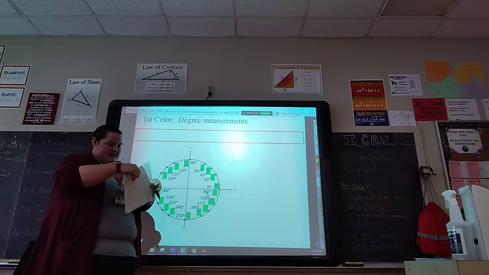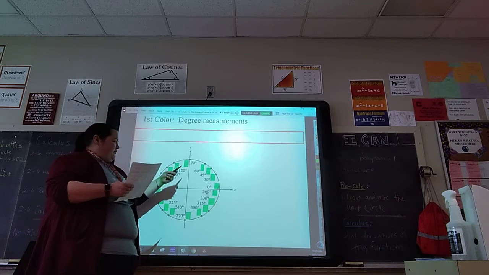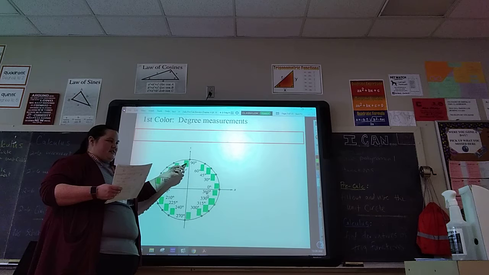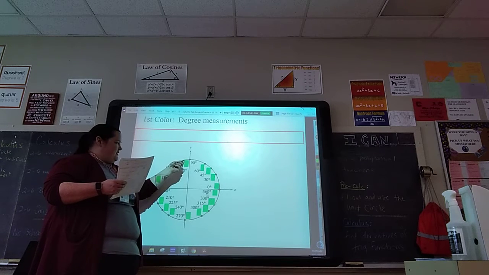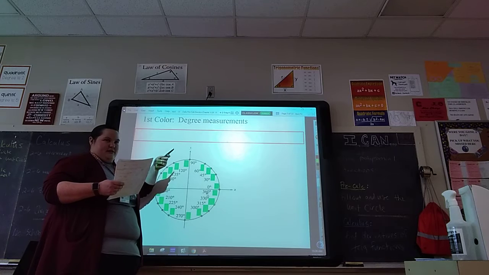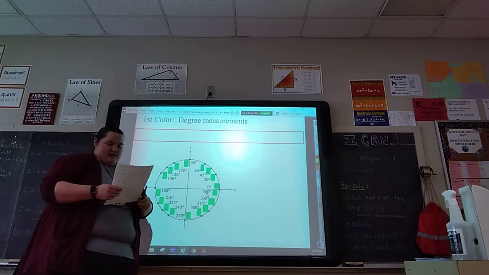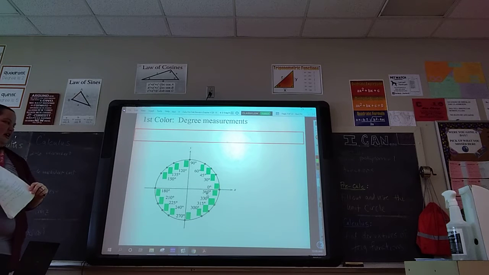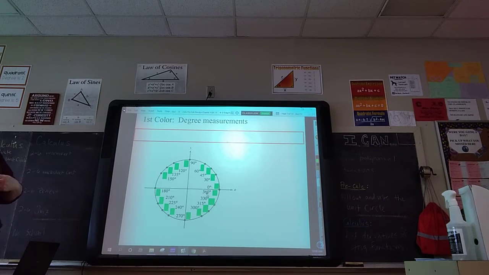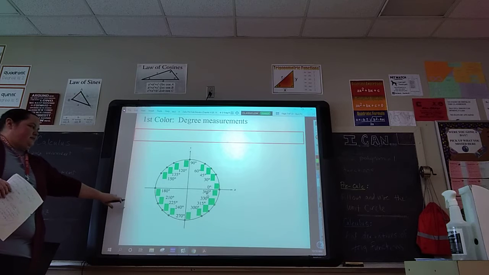The only other thing is I noticed too late that my degrees and radians are flip-flopped up here. So the degree on your paper is to the left of the line, and the radian spot is to the right. But wherever you see on the inside of the circle, there's a little degree symbol, you're going to fill out these common degree measurements around our circle.